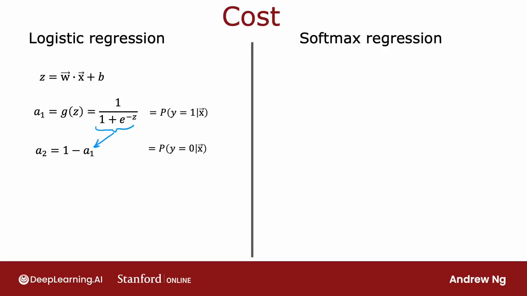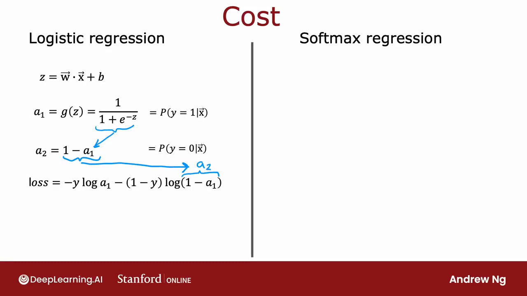Previously, we had written the loss of logistic regression as negative y log a1 minus 1 minus y log 1 minus a1. But 1 minus a1 is also equal to just a2, because a2 is 1 minus a1 according to this expression over here.